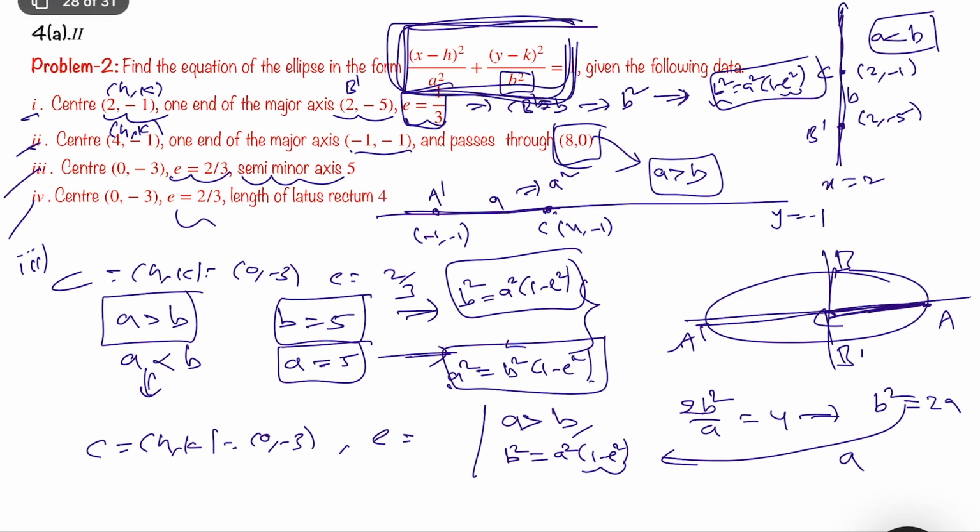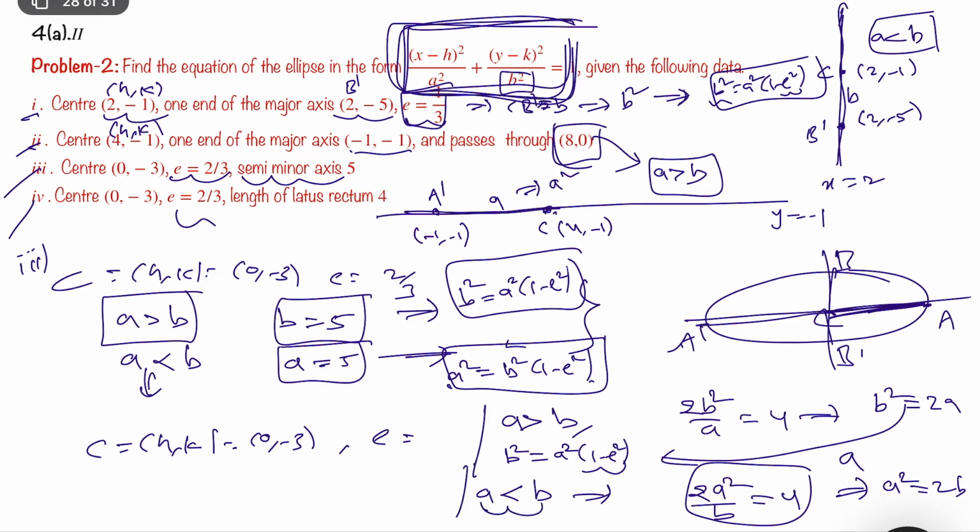Next, if you consider the a less than b case, then the length of the latus rectum is going to be 2a square by b. That's what is given. Similarly, a square is going to be 2b. Now when a is less than b, the relation between a, b, e will be a square equals b square times 1 minus e square.